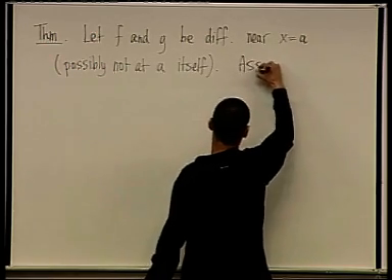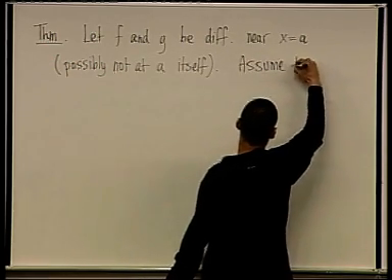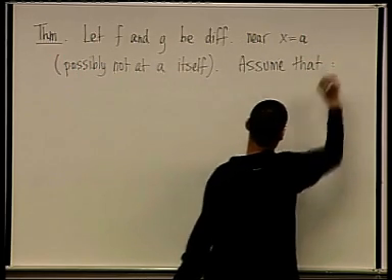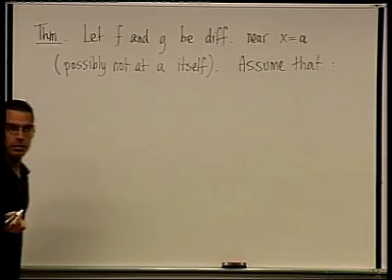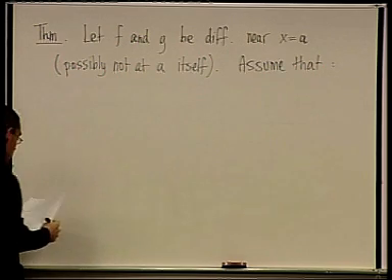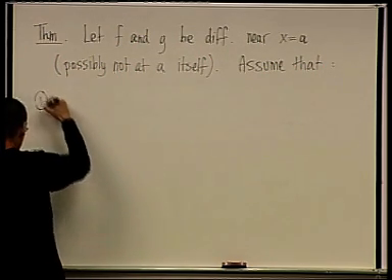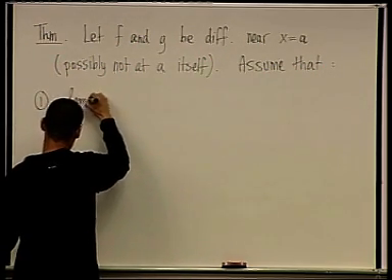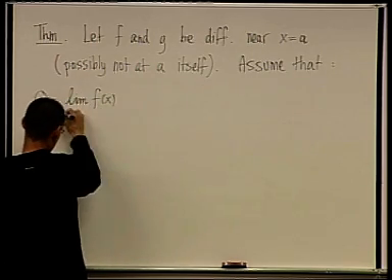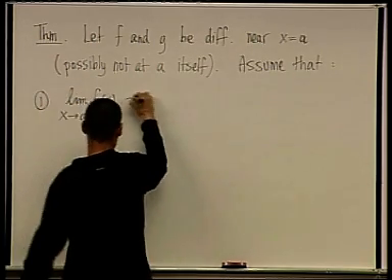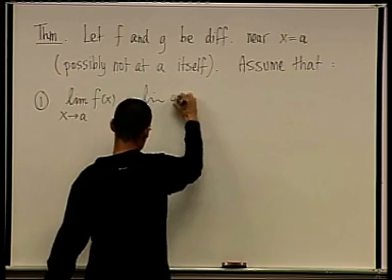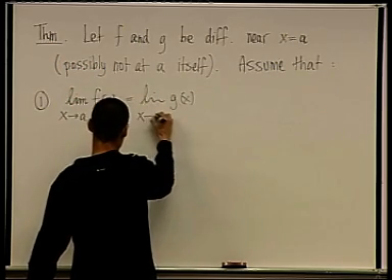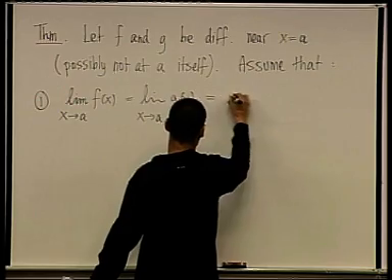Assume that. So the assumptions are what I called previously the conditions of the theorem. These are the things we have to check. So the first condition is the obvious one, that the limit of f of x as x approaches a equals the limit of g of x as x approaches a equals 0.